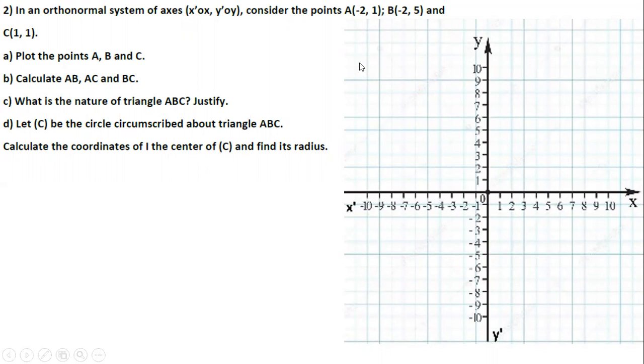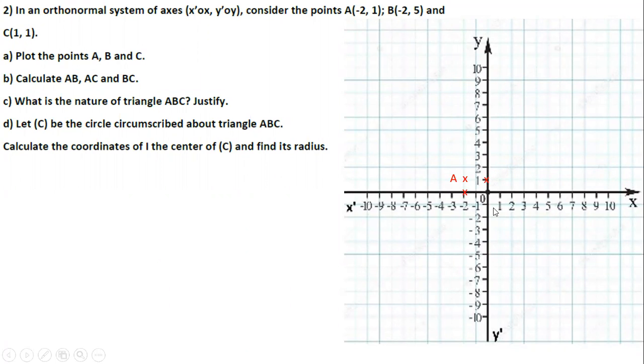Show how we plot. A is (-2, 1). Is minus 2 on the x axis or the y axis, Rina? X-axis. So this is minus 2 on the x axis, and 1 on the y axis. If I draw a vertical and a horizontal line, I will get point A. Now point B is (-2, 5).